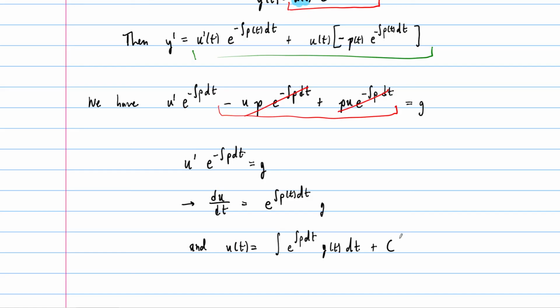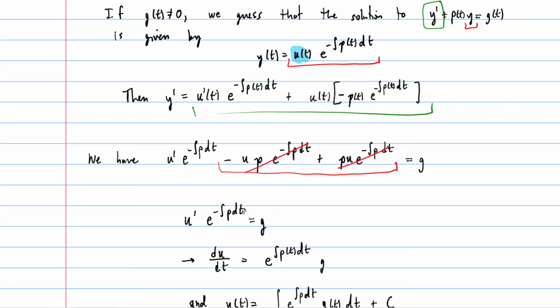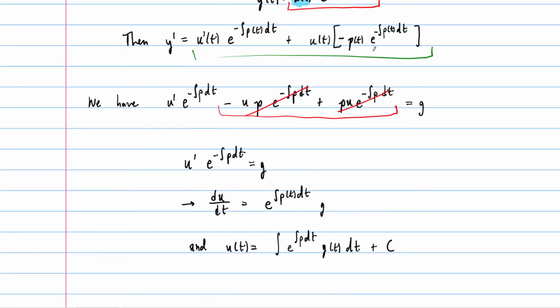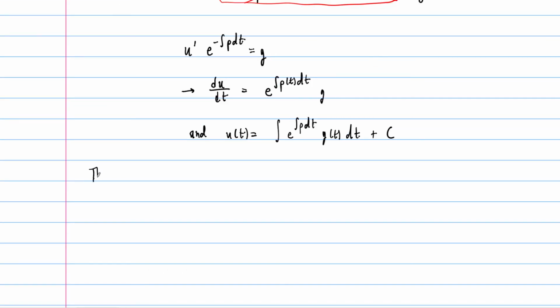Okay, so at this point, we now remember what was the point of the u. Well, we go back up here, and our u was the coefficient here on this function. So everything here to make this back into y has to be multiplied by e to the minus integral p dt. So this means then the general solution of the original linear equation is now y of t equals u times that e to the minus integral p dt, right?